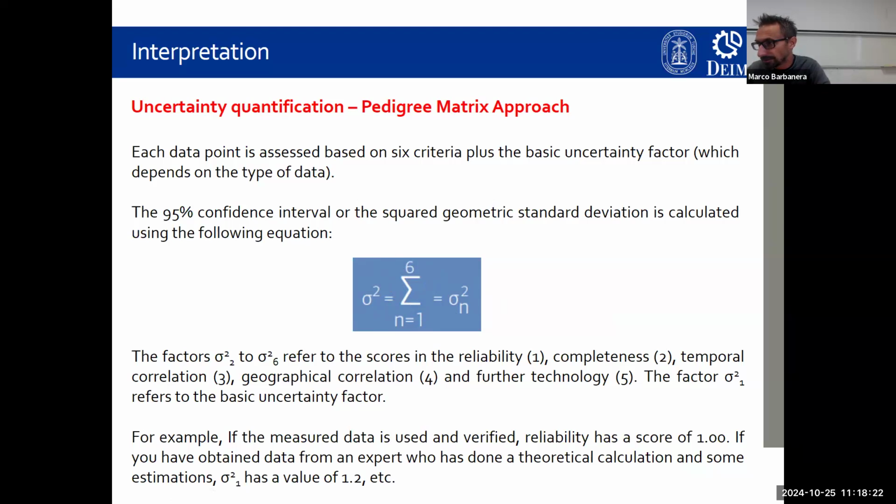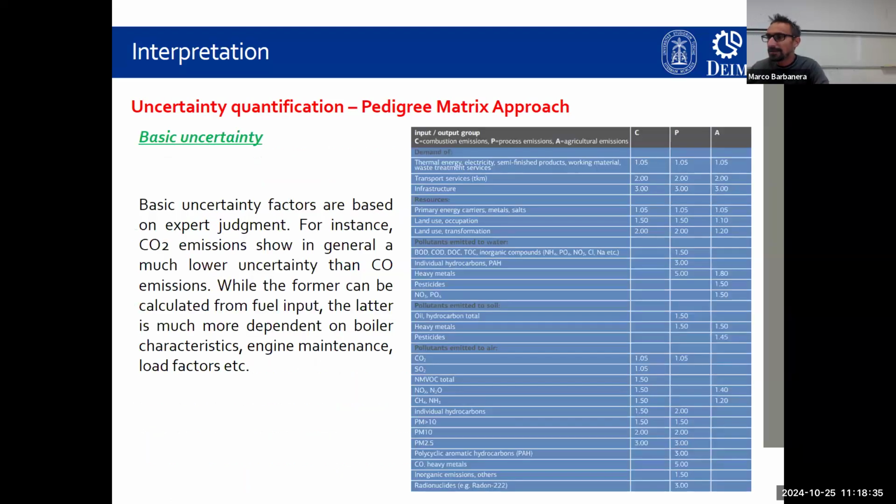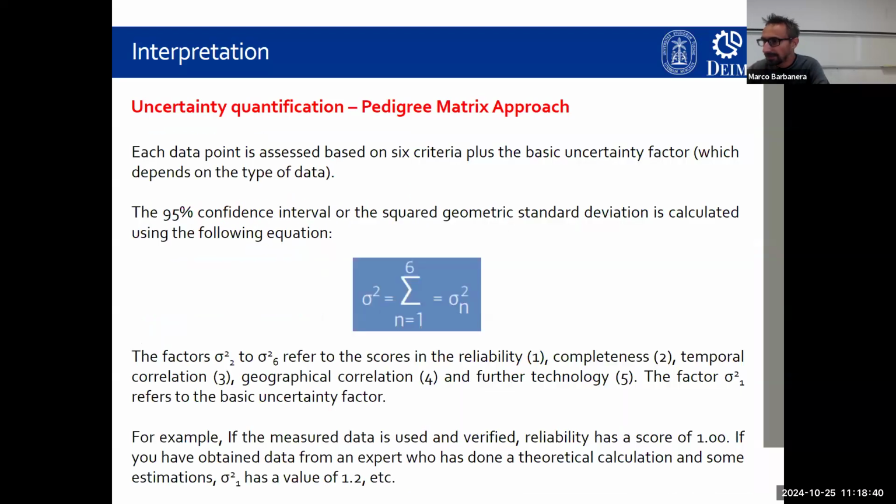So this work is not very easy, but it's important if you want to demonstrate the quality of your results. Then, when we have defined the square standard deviations for each data of our inventory, the last step is the calculation of the uncertainty results.